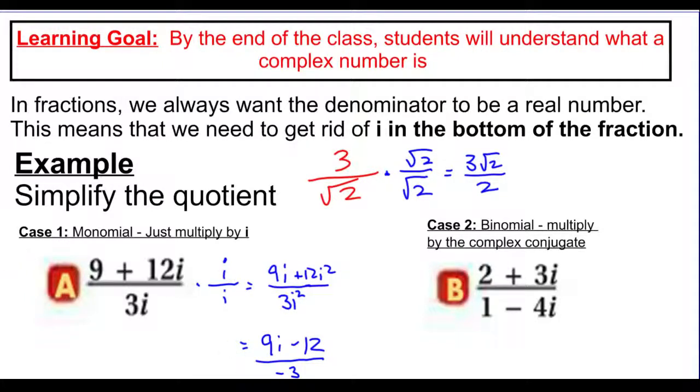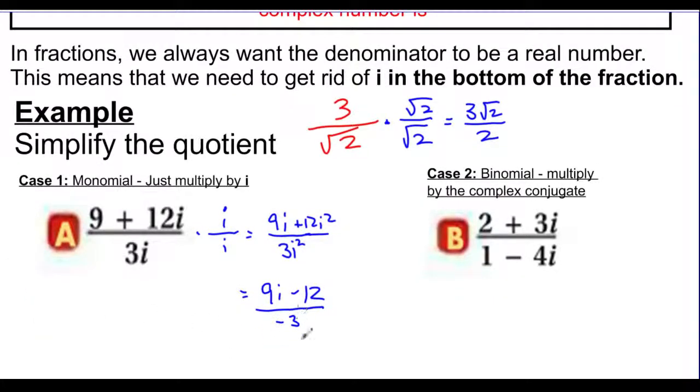So if you notice what happened here, the bottom of my fraction had an i in it, and now it doesn't. Just the same thing that happened up here. I had a square root of 2. I didn't like it, so I did something, and my result does not have a square root of 2 anymore. That's what we're trying to accomplish. So I've accomplished what I tried to do. I'm going to do a little extra adjustment, which you'll usually see. Usually the negative does not sit in the bottom of the fraction, so that's something I'm going to fix.